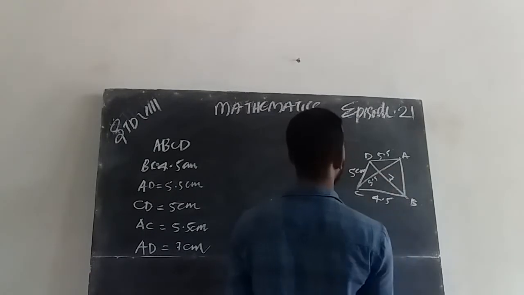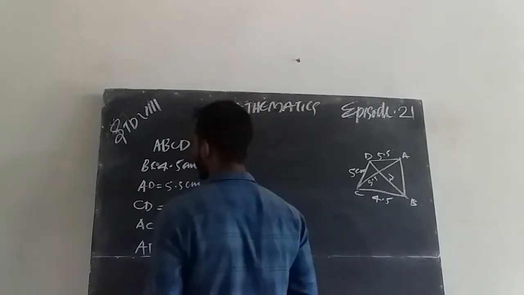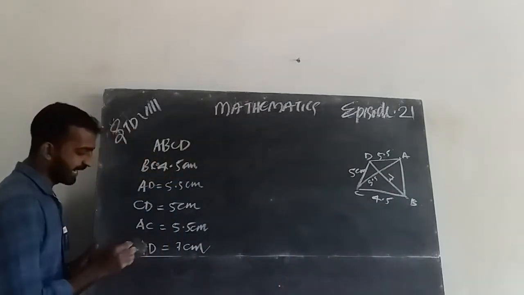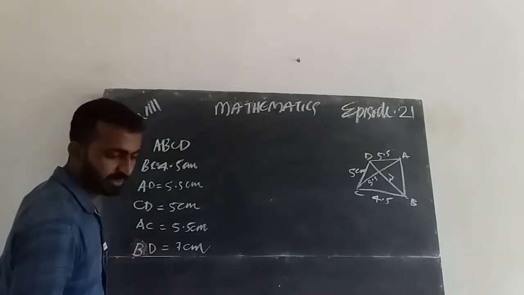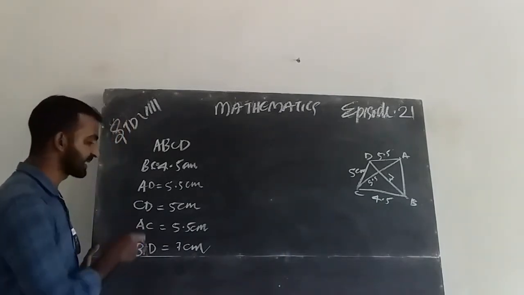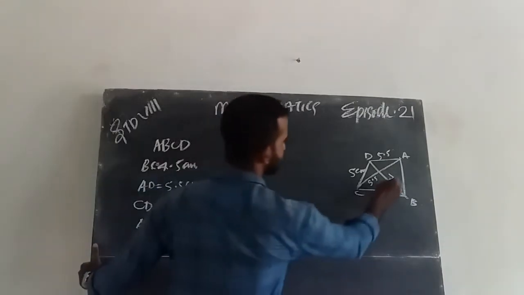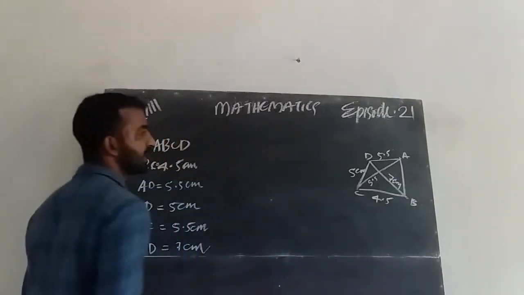Sorry, not AD, this is BD. Diagonals are AC and BD. So BD is 7 centimeter.